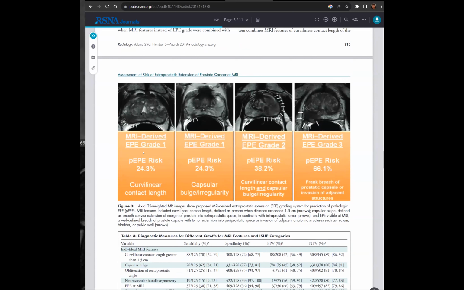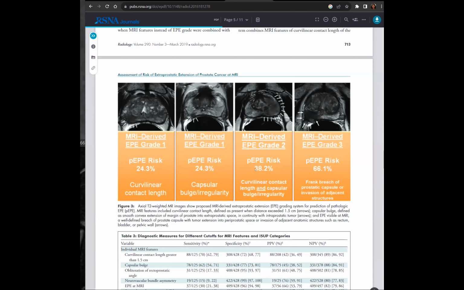So grade 1 is the curvilinear contact length, like 1.5, or there's bulging or irregularity. So it's an or statement. If you have this or that, then it's grade 1. If you have both tumor contact length of greater than 1.5 and irregularity or capsular bulging, then it becomes a grade 2.